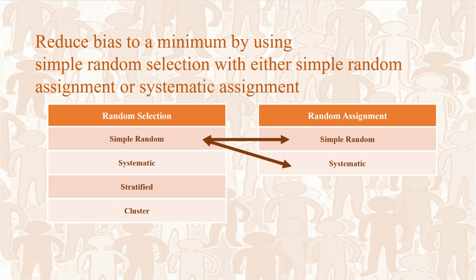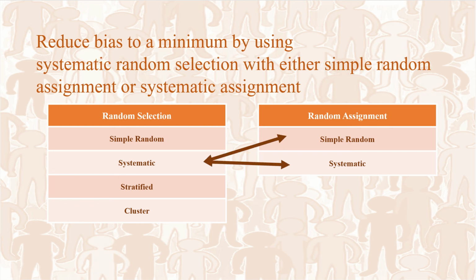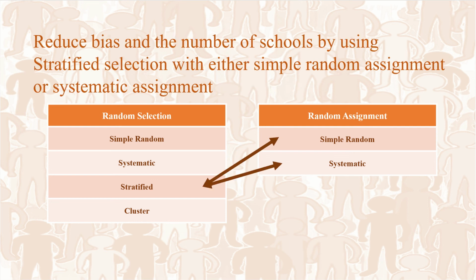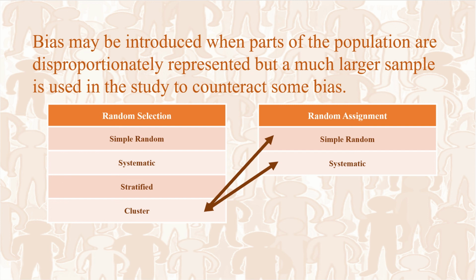Simple random selection can be combined with a simple random assignment or with a systematic assignment to create minimum sampling bias. Systematic sampling can be combined with either simple random or systematic assignment. Stratified sampling can also be combined with simple or systematic assignment, as well as can cluster sampling.